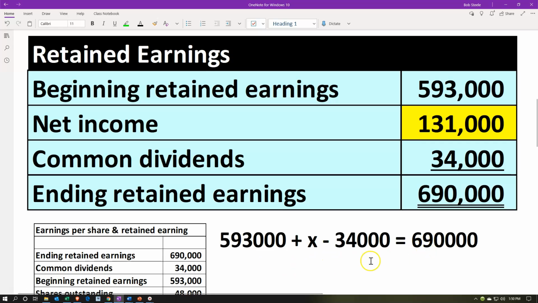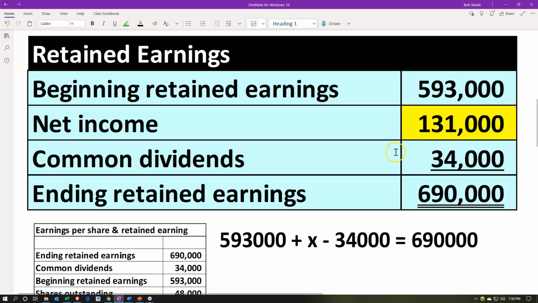Now I have it in an algebraic format, and then can solve for X using algebra, which I won't do here, but you can solve for X, plug it back into your actual form for retained earnings, and see if indeed this number plus this number minus the dividends would get to this 690. And remember that you're subtracting out the dividends here.